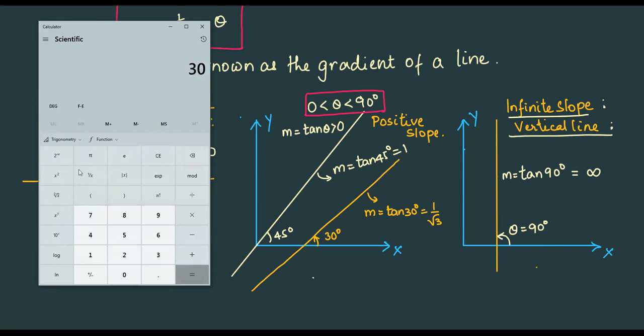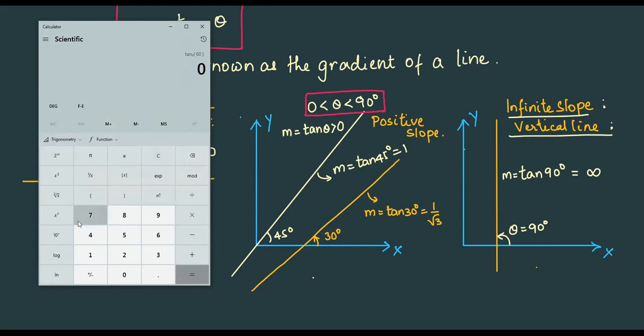Now 30, tan 30 is 0.577, that is 1 upon root 3. Now let us look at tan 60. 60 tan is 1.7320. It is an irrational number, root 3. Root 3 is tan 60. So inclination is 60, slope is 1.732.